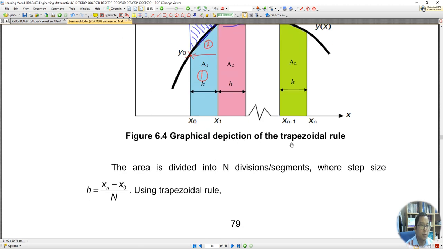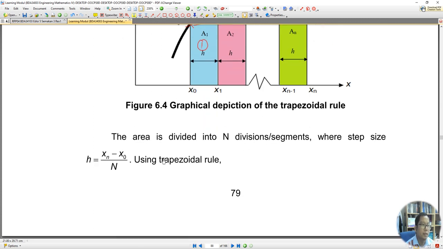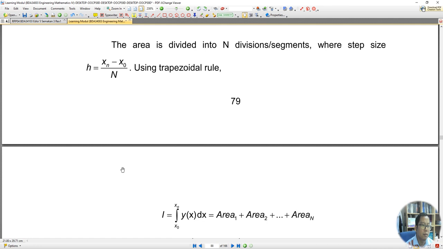This is the graphical depiction of the trapezoidal rule, where the step size h is the same: xn minus x0 divided by n.